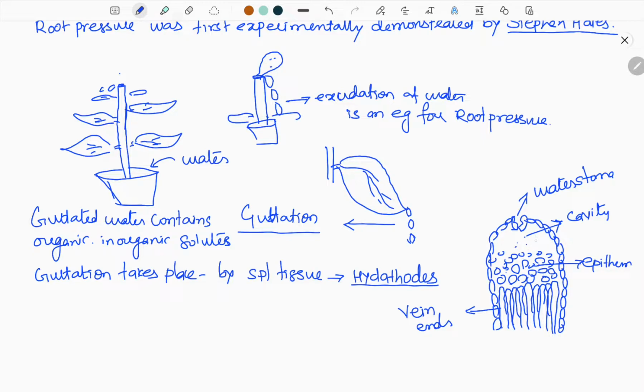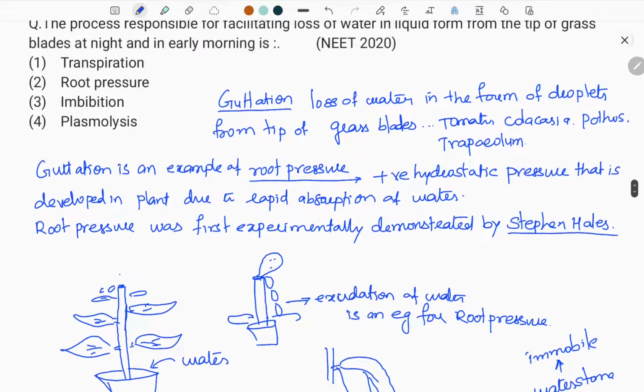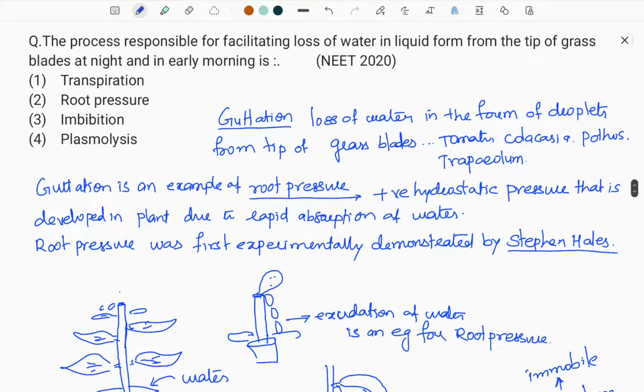In this cavity, when it is filled up, a pressure is developed. With that pressure, the water exudes through the water stoma. So remember, water stoma is immobile, unlike the normal stomata present in the leaves. So this is what we call as hydathodes. An example, the tissue responsible for loss of water in the form of droplets called as guttation. So guttation is a beautiful example for the root pressure.